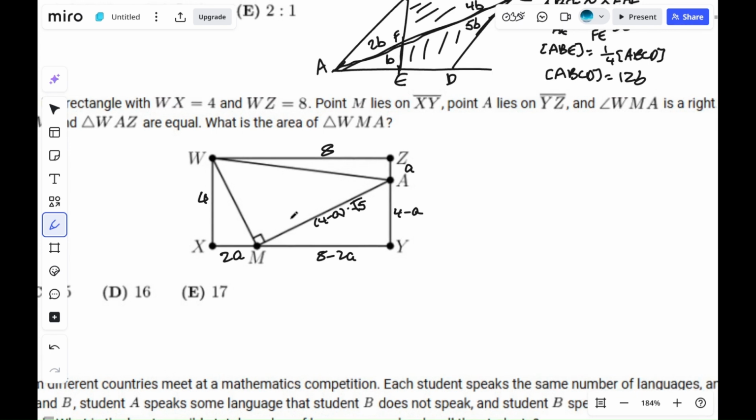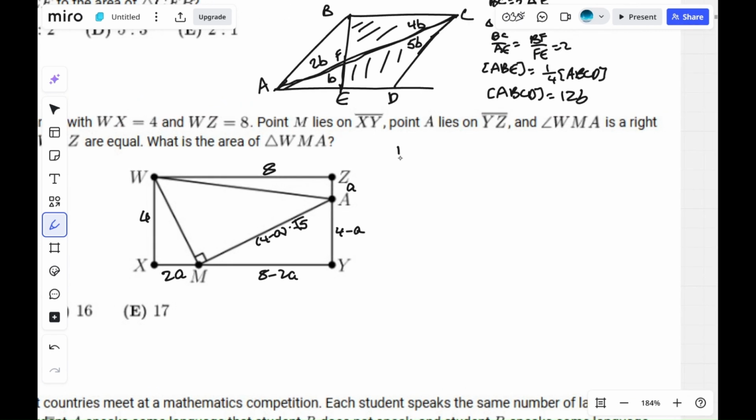So consider triangle WMA. WM squared plus MA squared is equal to WA squared. So 16 plus 4a squared plus 5 times (4 minus a) squared, which is 16 minus 8a plus a squared, is equal to 64 plus a squared.